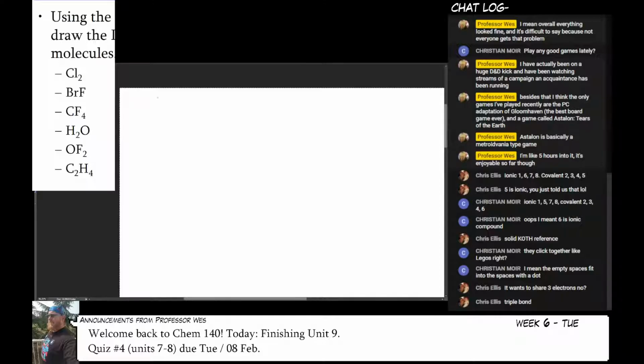Okay, so for Cl2, Cl2 is basically just like F2. So there's a Cl. There's a Cl, and I'm just going to connect the dots. And then we'll tidy up. So when I say tidy up, what I mean is I'm going to make my bonds straight lines.